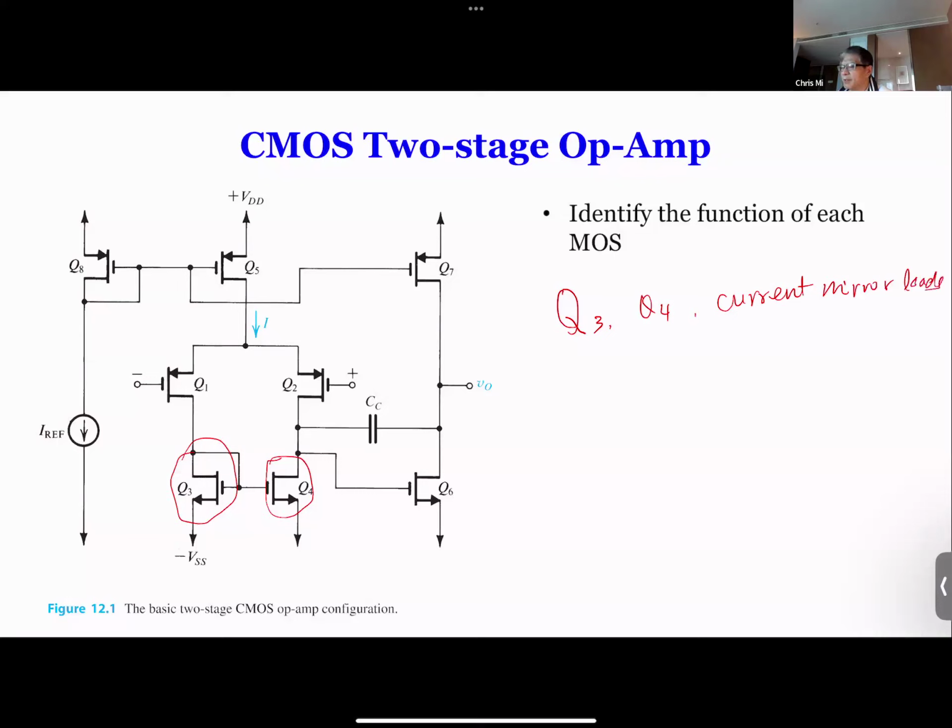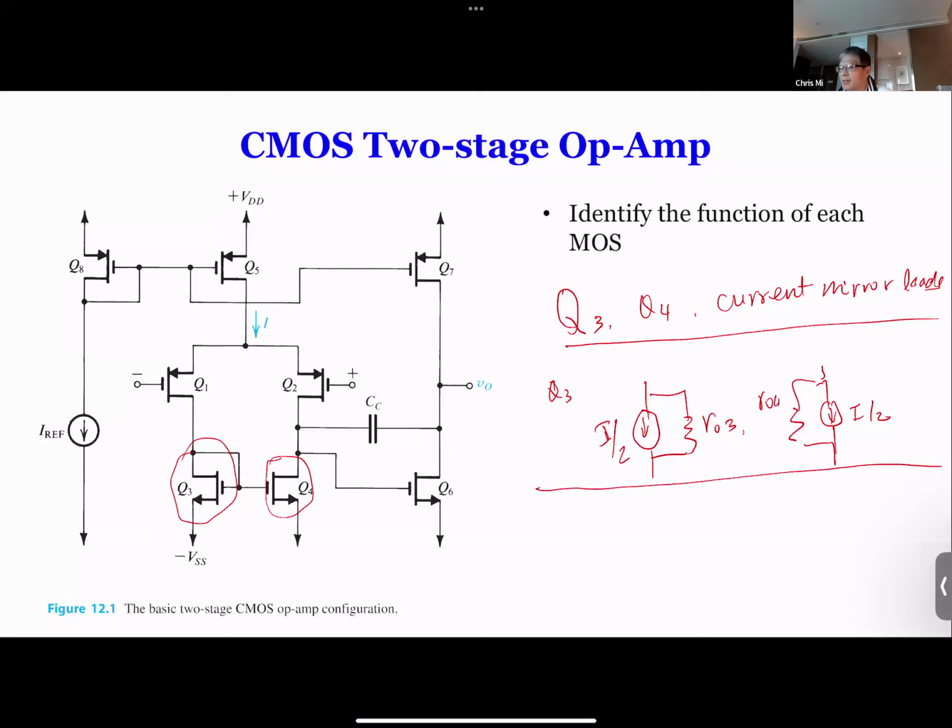This is very important because what they're doing is, if you look at Q3 and Q4, they look like this. They look like a current source with a resistance like RO3, and the other one, you have I, this is 1/2 I, which conducts from there, and you have RO4. So identify this one.